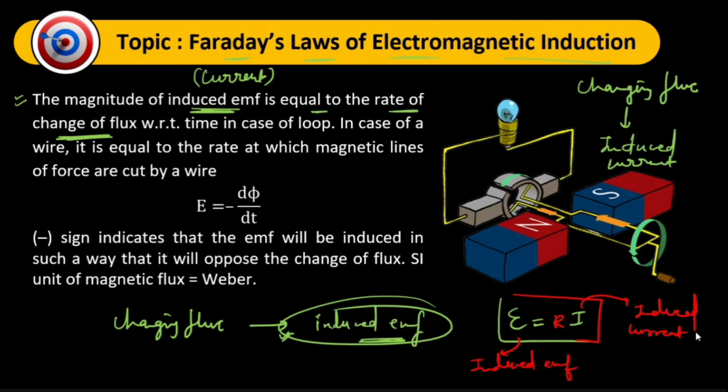So this is what the law says. Understand it. The rate of change of flux with respect to time in a loop is equal to the magnitude of induced EMF. Whenever there is a term called rate of change, it simply means you have to write d by dt of that particular quantity. This d by dt represents a derivative.